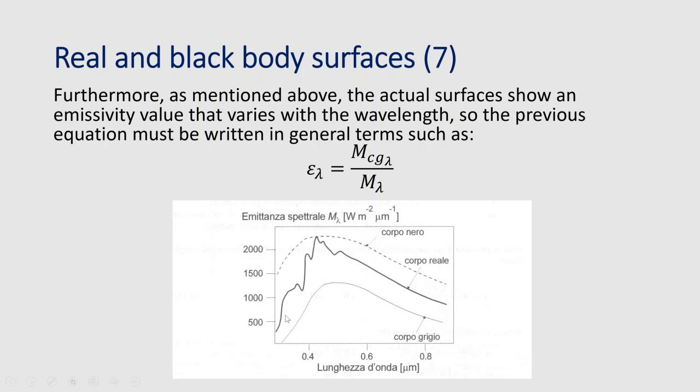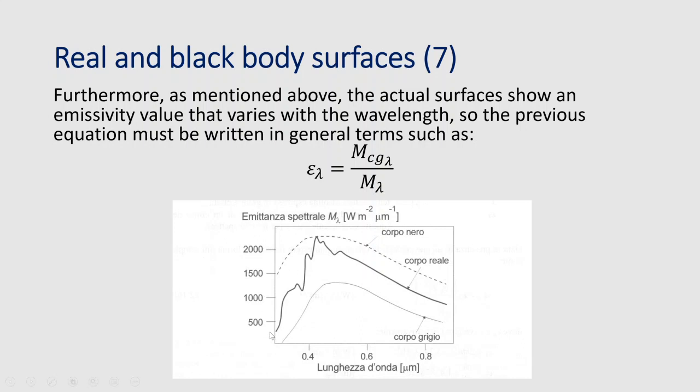And you see in this diagram, as I mentioned before, the variation of the energy that is emitted, and you see here the spectral emittance, that is the excitance M, measured in watts per square meter and micron.